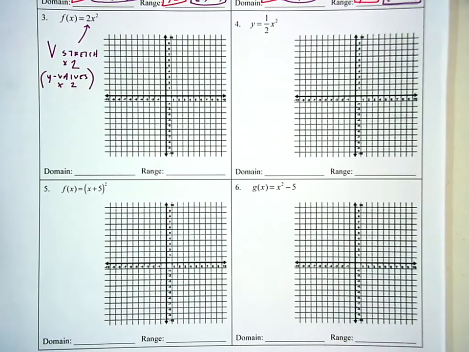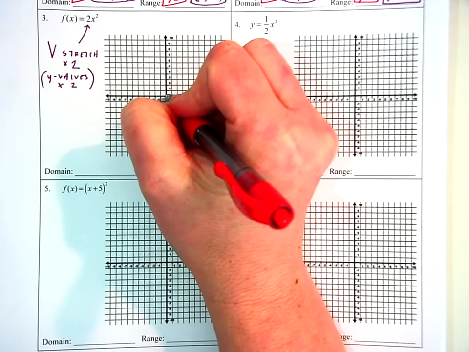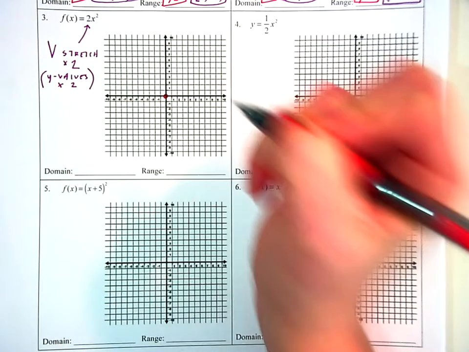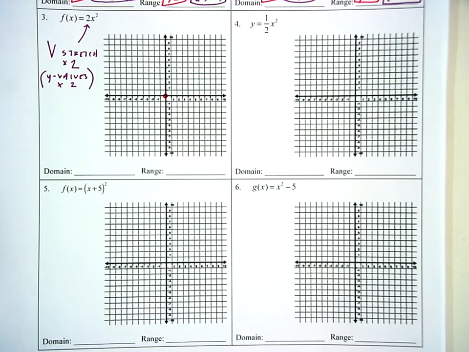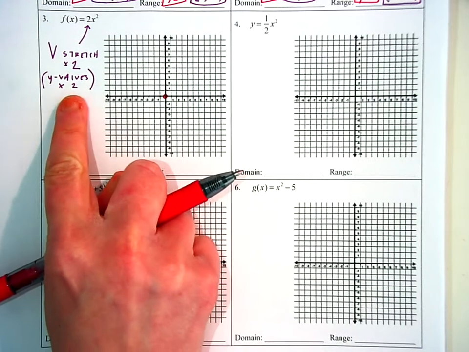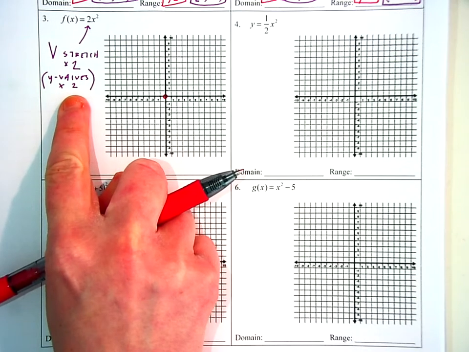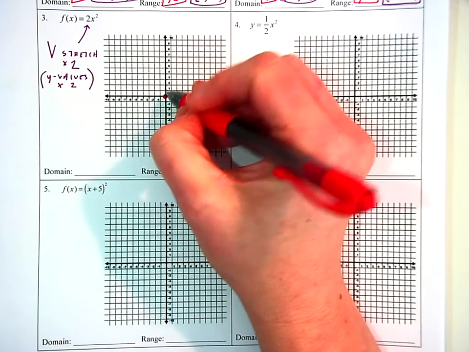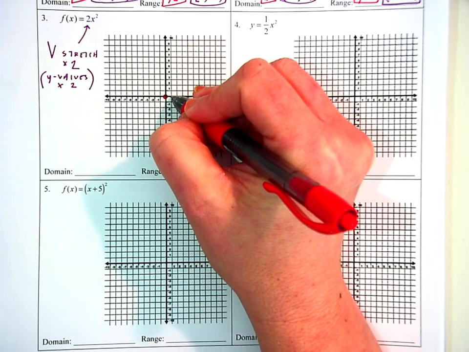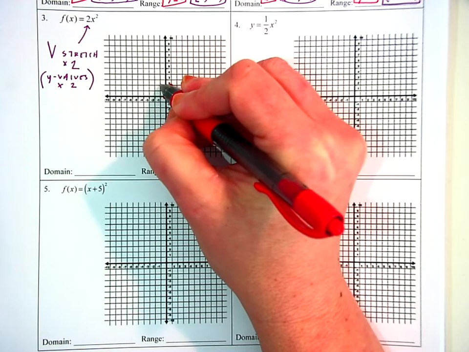Okay, so again, I'm just going back to what my parent function would have looked like. So here at the origin, normally I would go over 1 and up 1. But instead of going up 1, I need to double that because my y values are being multiplied by 2. So from the origin, I'm going to go over 1 and up 2, here and here.